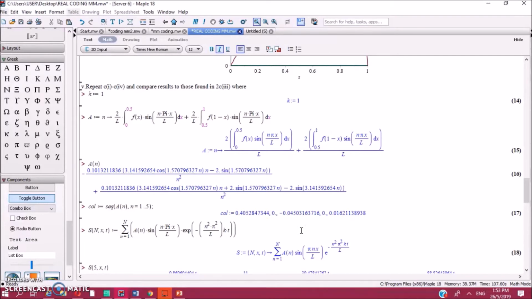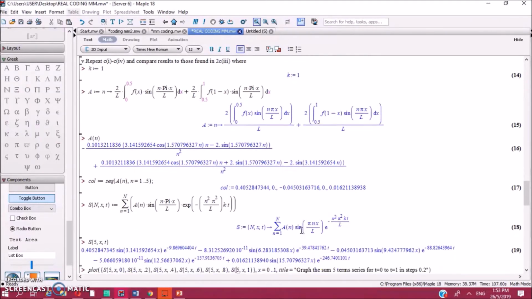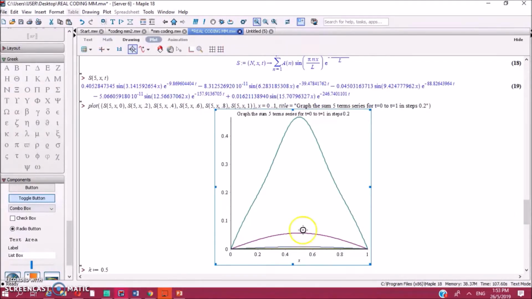To calculate the first 5 term series, I just put it here, and I got these first 5 terms. The same goes for the previous equations, C1, C2, C3, C4.